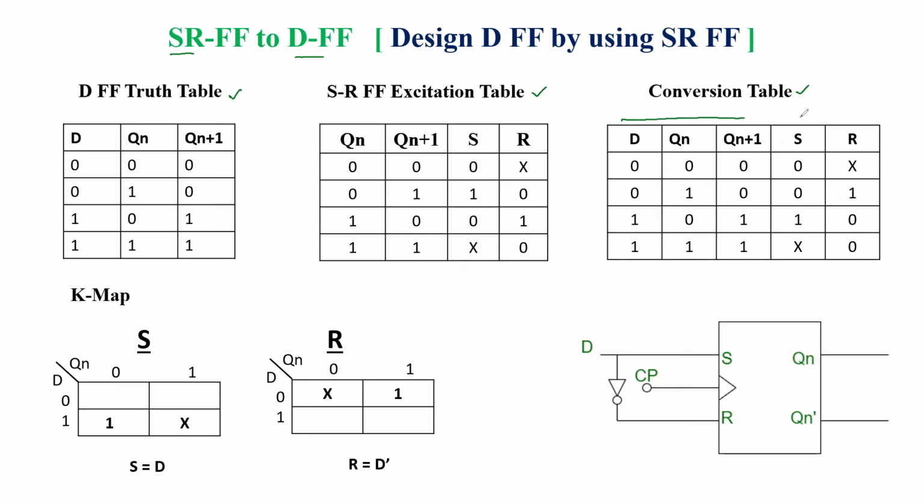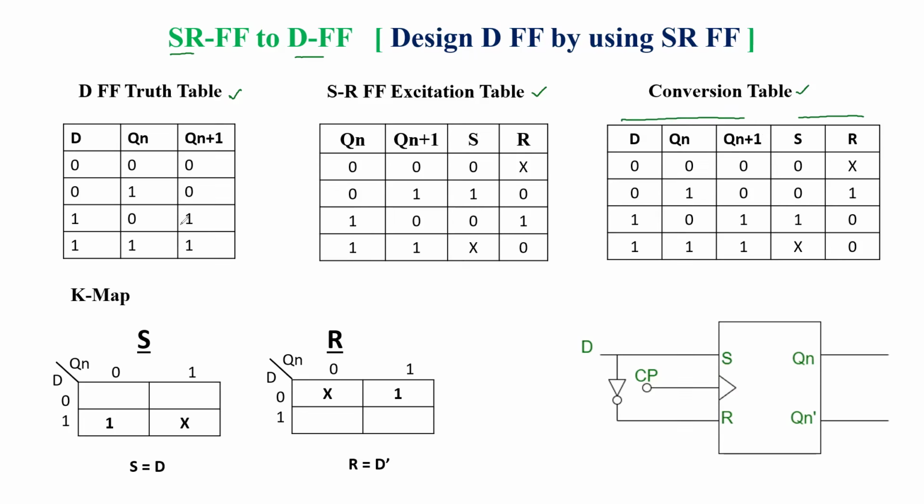And the last two, since we are going to design the D flip-flop by using the SR flip-flop, we have to find the values here so that we can express S and R in terms of D. That's why the conversion table is used here.